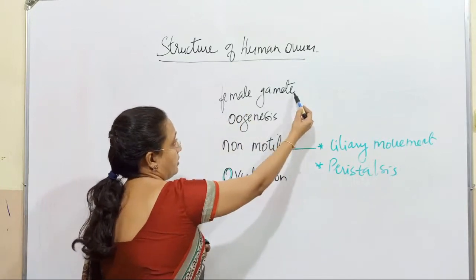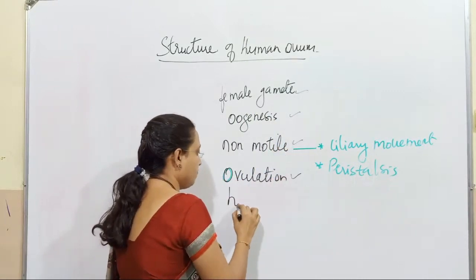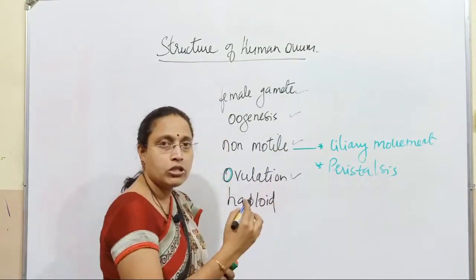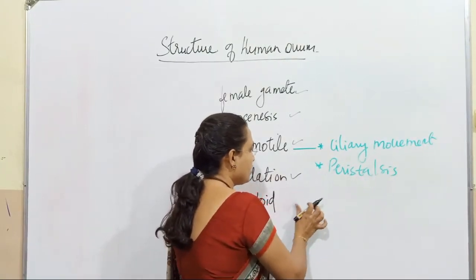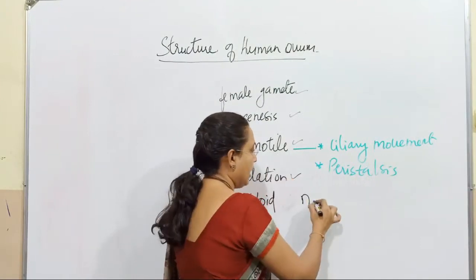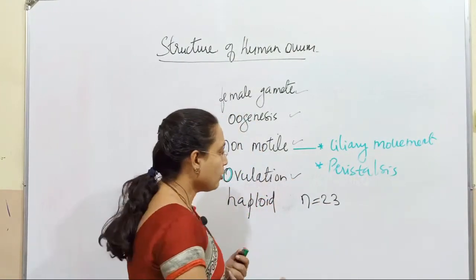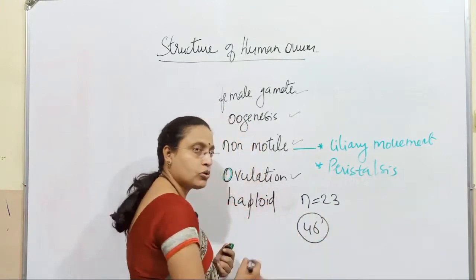So here it is a female gamete, it's non-motile, and of course, as usual, you should also know it is haploid. Ovum also is haploid, represented by N, equal to 23 chromosomes. You know that human beings have a total of 46 chromosomes.